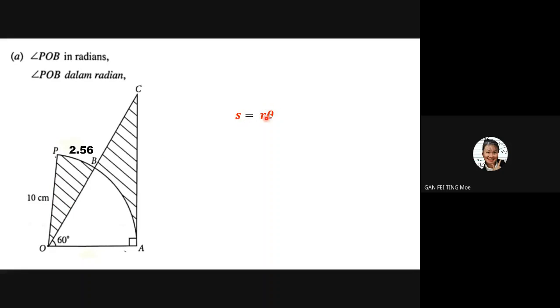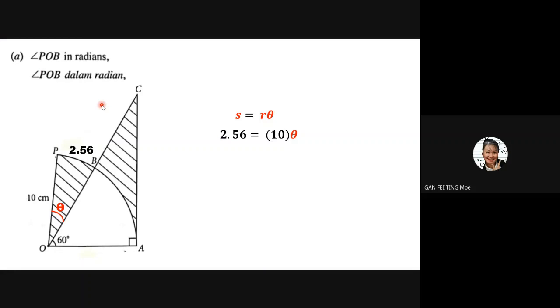Kerana dalam formula ini, I have 3 algebraic: S, R, theta. I have my S, which is 2.56. I don't have my theta, I have my R, radius as 10. So then I boleh selesaikan, theta is what I nak look for. So 2.56 equals to 10 times theta.